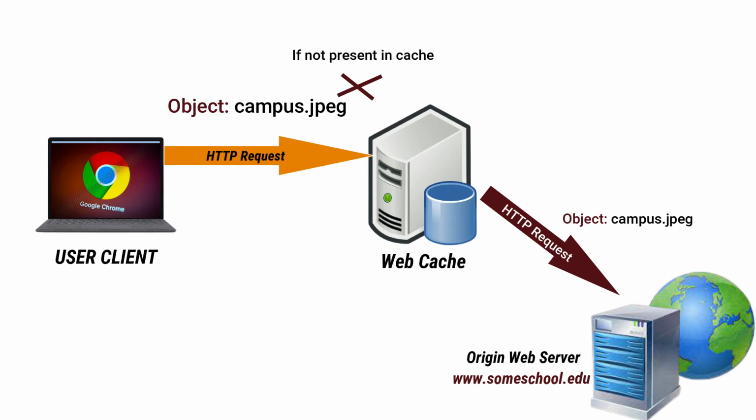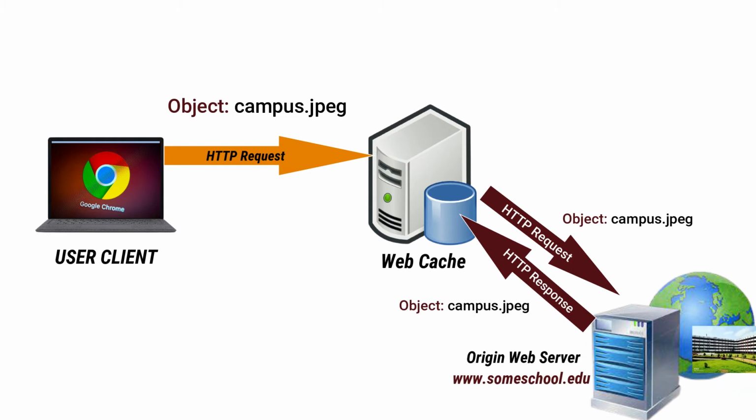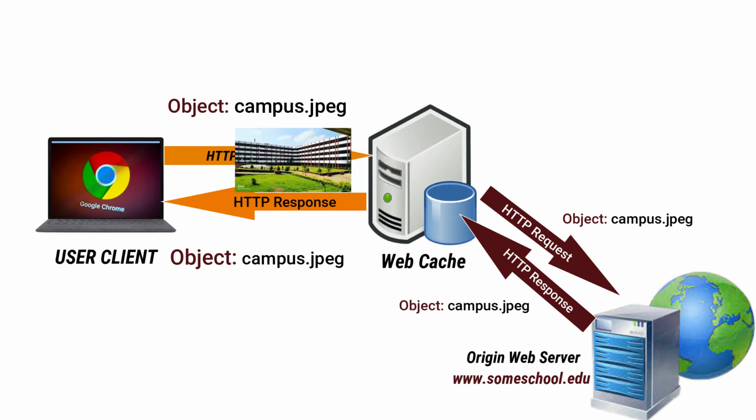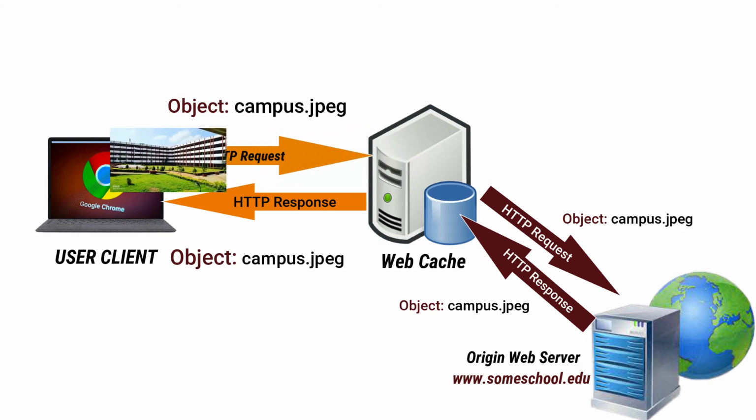After receiving this request, the origin server sends the object within an HTTP response to the web cache. When the proxy server receives the object, it stores a copy in its local storage and sends a copy within an HTTP response message to the client browser.